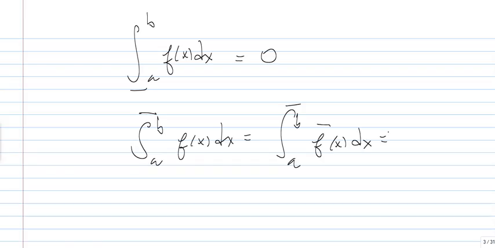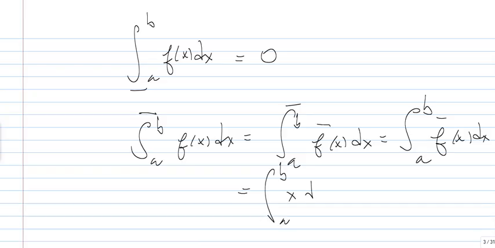But since f bar is continuous, this will be the same as the integral of f bar(x) dx, which is the integral from a to b of x dx, which is (b squared minus a squared) over 2.